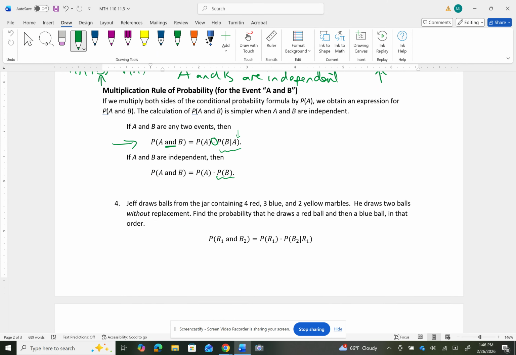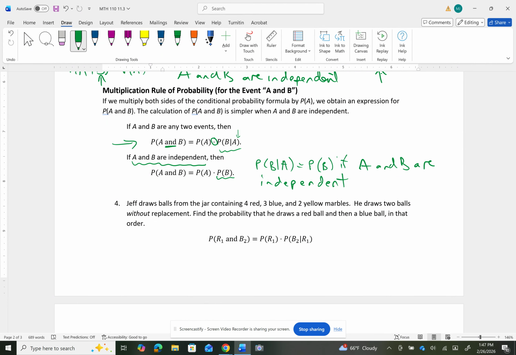So that formula looks a whole lot simpler, but it's important that you realize it only works if A and B are independent. People will typically forget to check that.